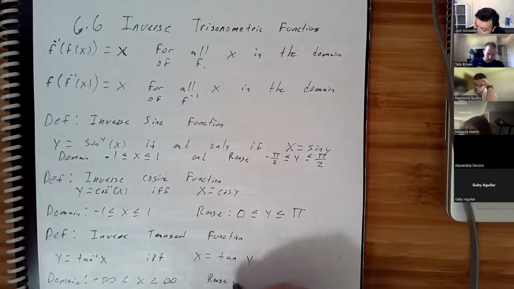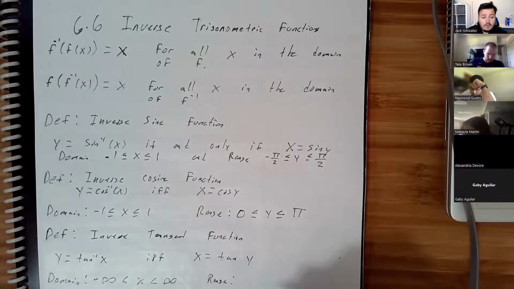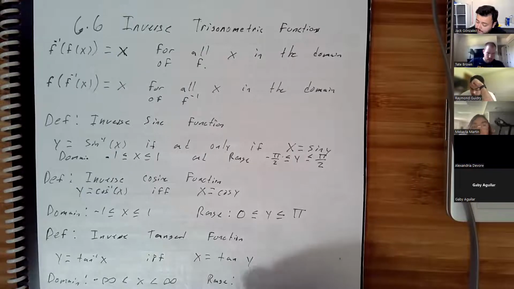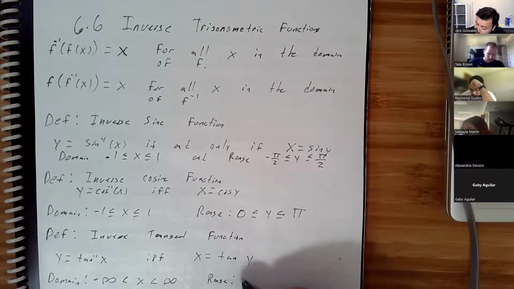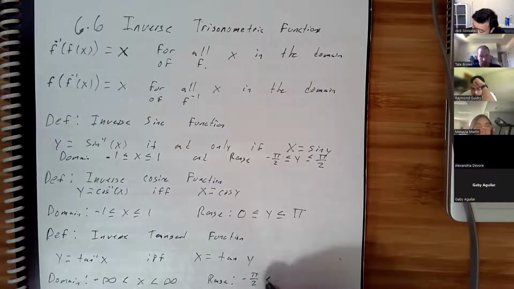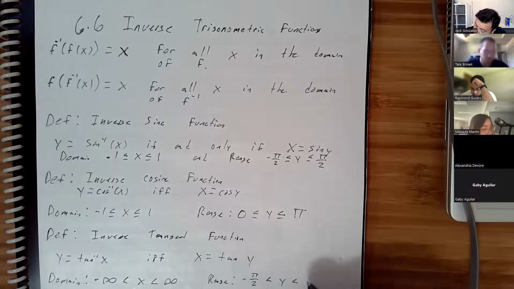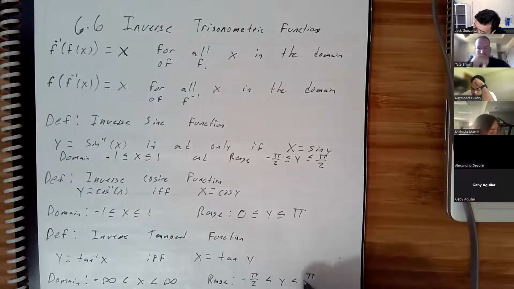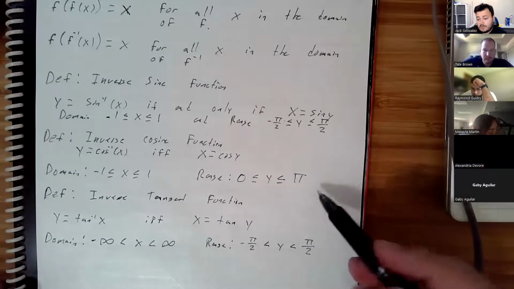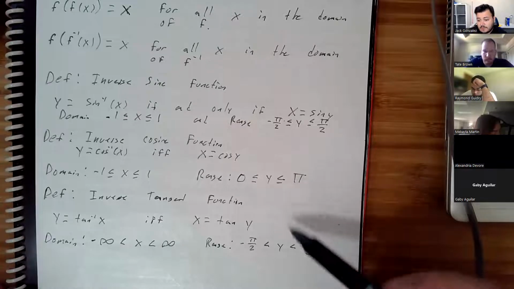The domain is everywhere. The range is within -pi/2 to pi/2, but not including the endpoints. Notice how the other ones were less than or equal to; here we are not.